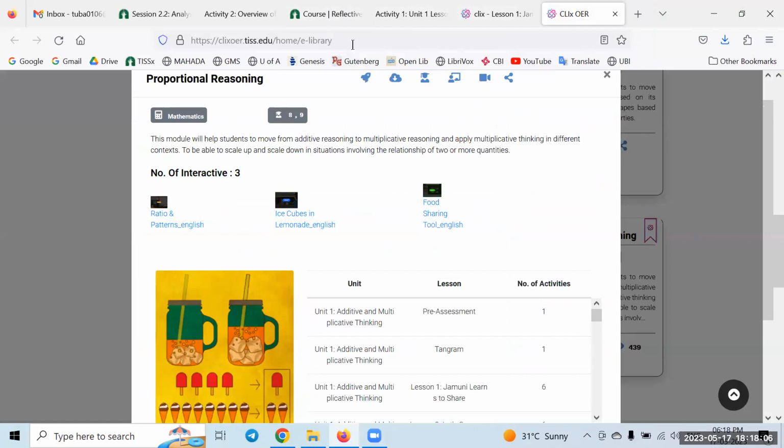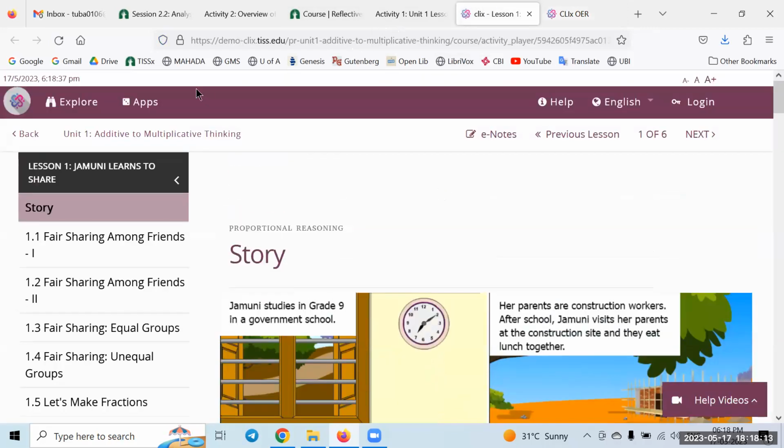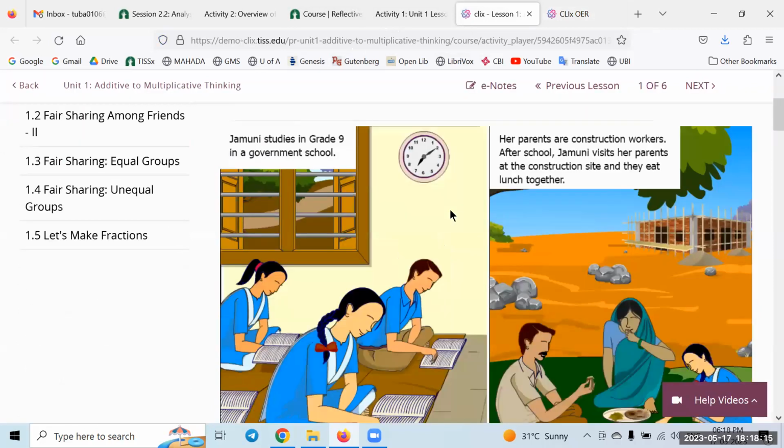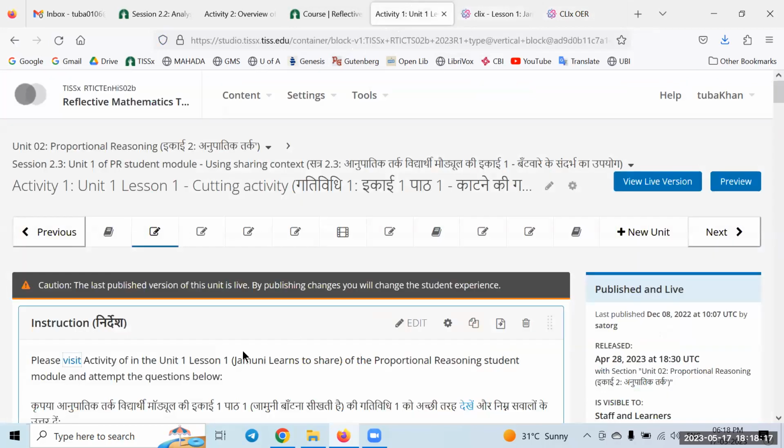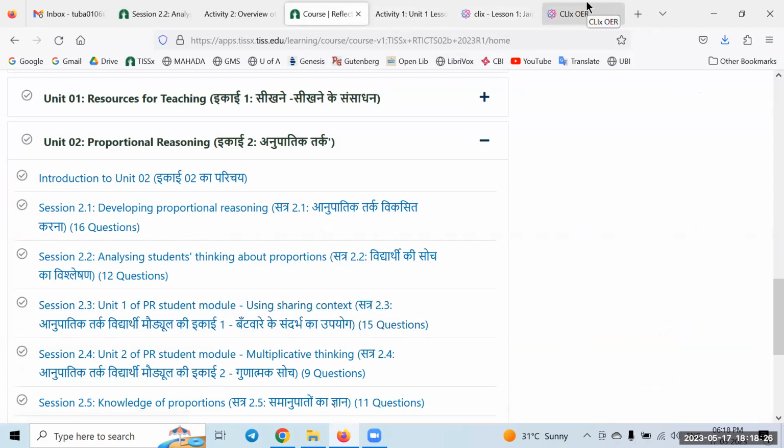Yeah, I'll just copy paste it to them. Yeah, and there is actually a direct link also to the module in the course itself. Do you want me to show them how to go over there, or just clicks OER? Both you can show. Okay.